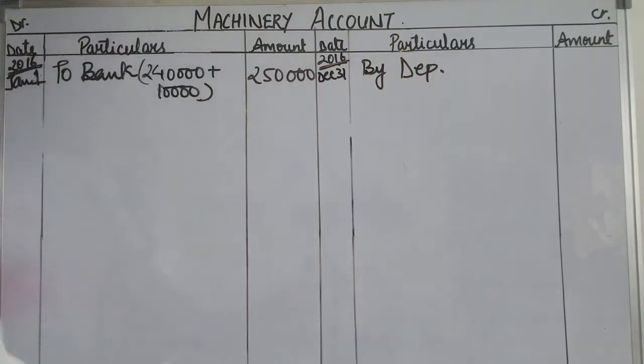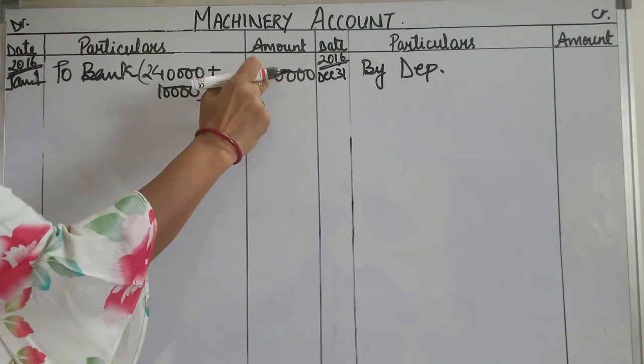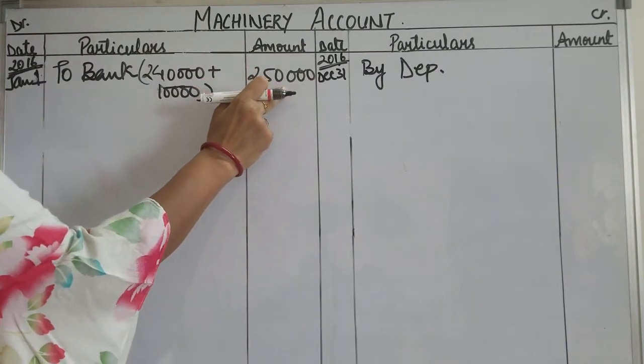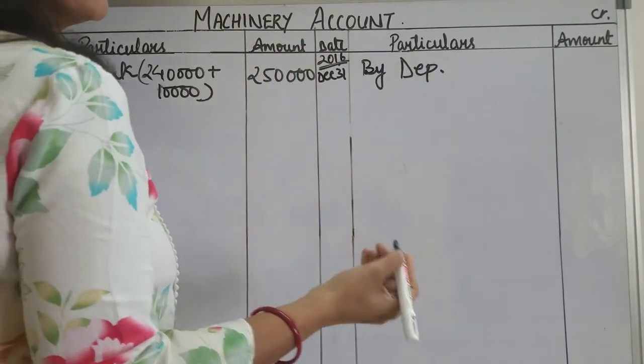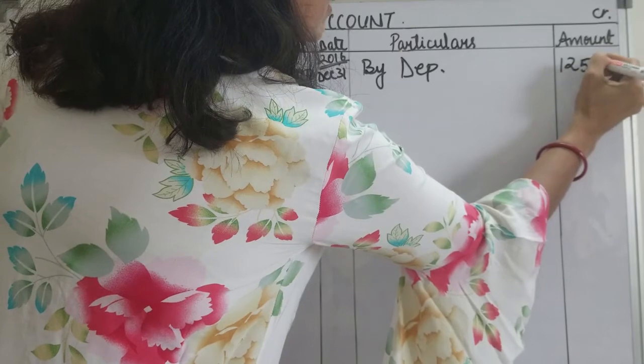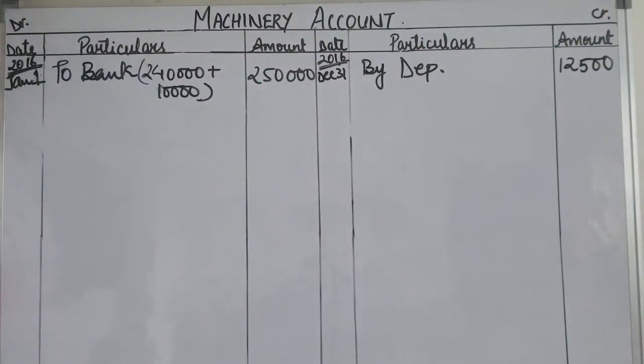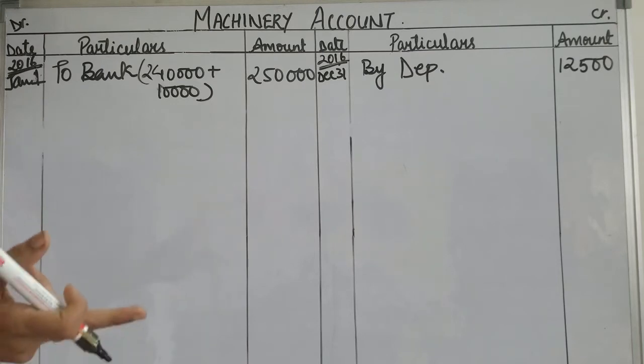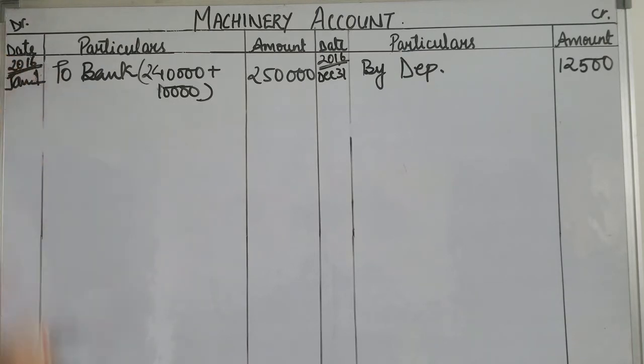So the rate of depreciation here is 5%. So 5% of 2,50,000 for full calendar year will be 12,500, right?